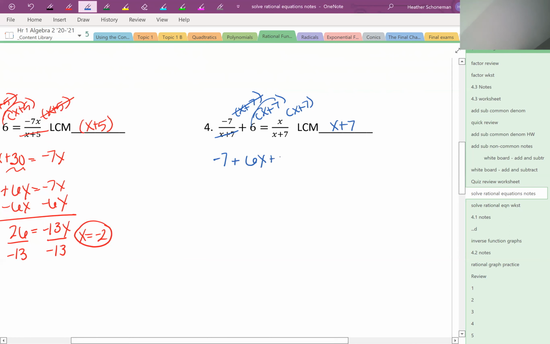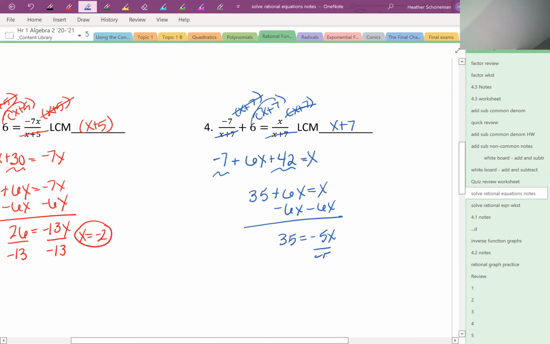I get 6x plus 42. Over here, it cancels, and I just get x. So I want to solve. I'm going to combine like terms, and I get 35 plus 6x equals x. Subtract the 6x, so I get 35 equals negative 5x. Divide by negative 5, so x is negative 7.